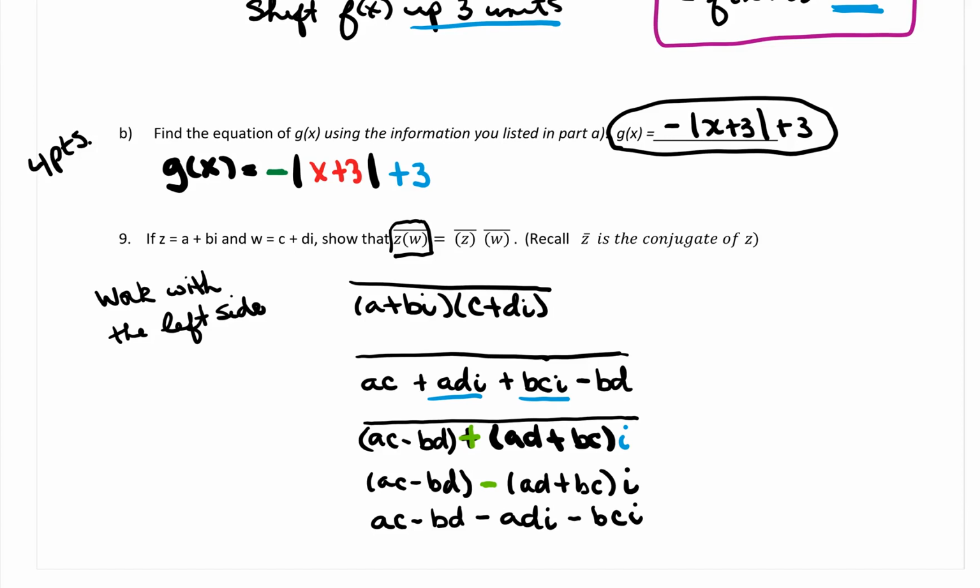So we're trying to get, going back and looking at what we're trying to prove, Z with a bar over it. I know Z with a bar over it is going to be A minus BI, and so I'm trying to manipulate that. So maybe regrouping. Let me see, is that the best way to go?